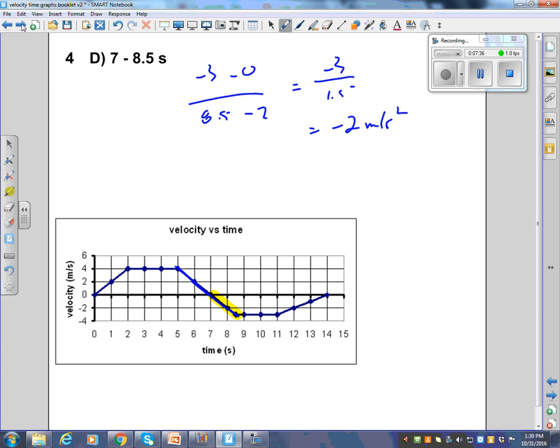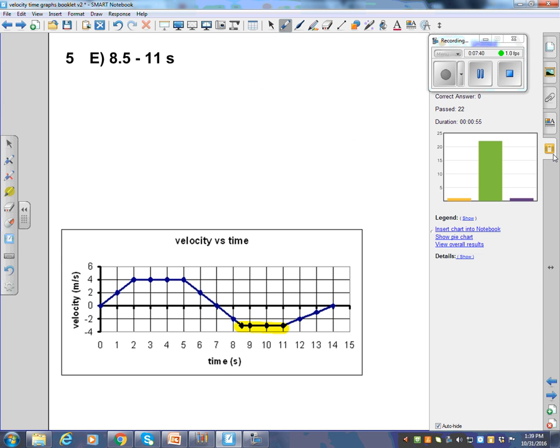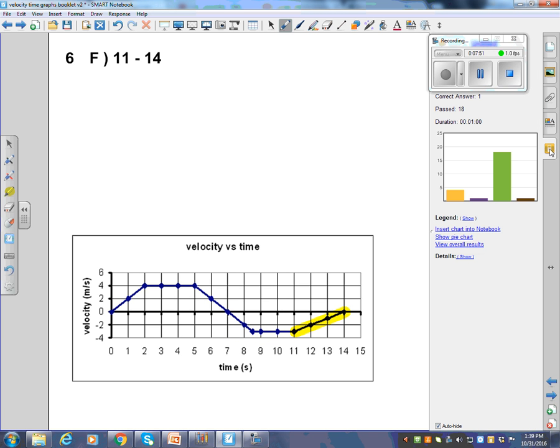Question number 5. What's the average acceleration? 0. The line is flat, not straight, flat. Question number 6. What's the slope? It is indeed 1. Let's do it again here. The y value here is 0.